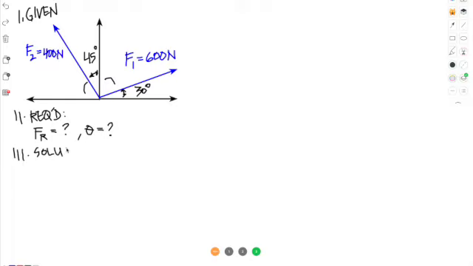In order to arrive at the Cartesian vector form of our resultant, we first need to express both our given forces into their own Cartesian vector form. That makes sense. So let's go for the first one, which is 600 newtons.